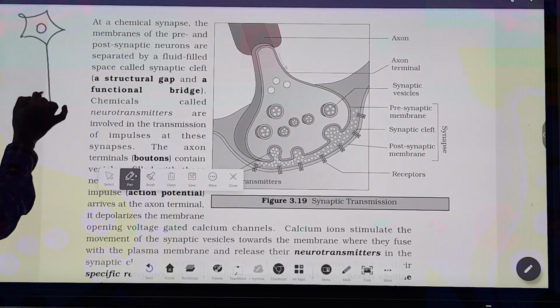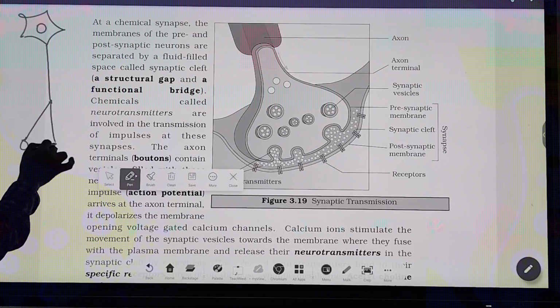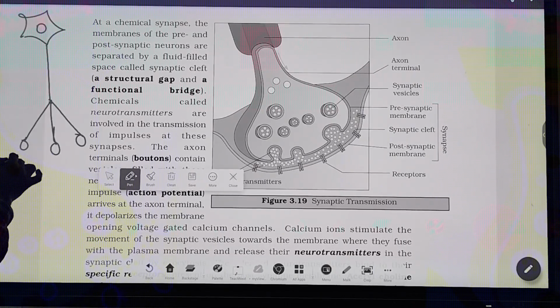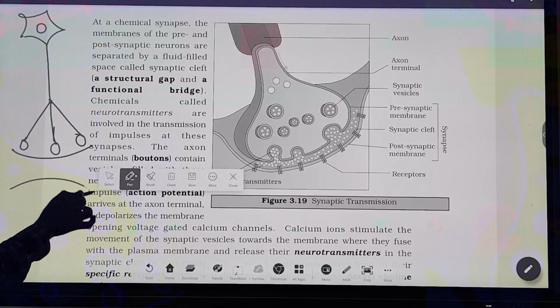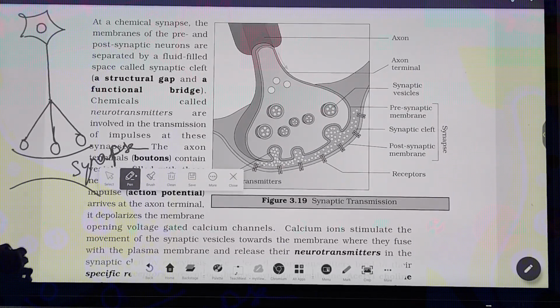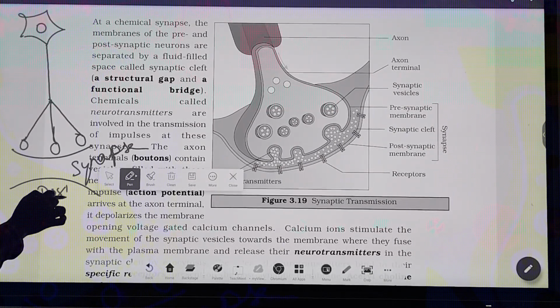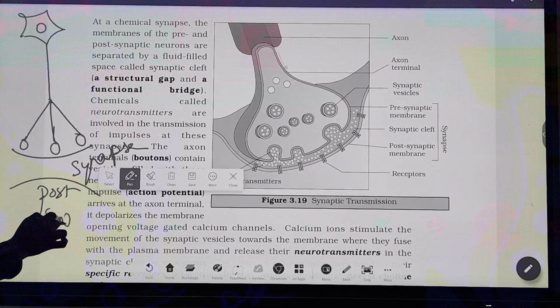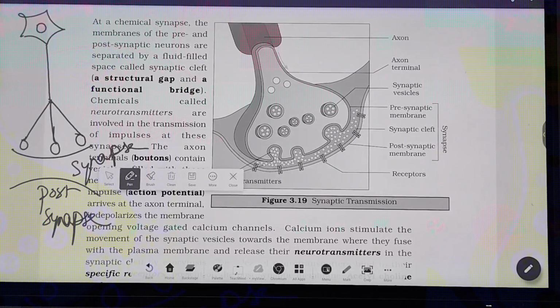Cell body, axon, axon terminal, synapse, postsynaptic region. This is called the postsynaptic region.